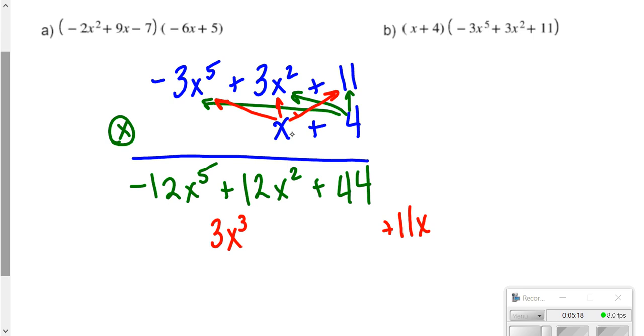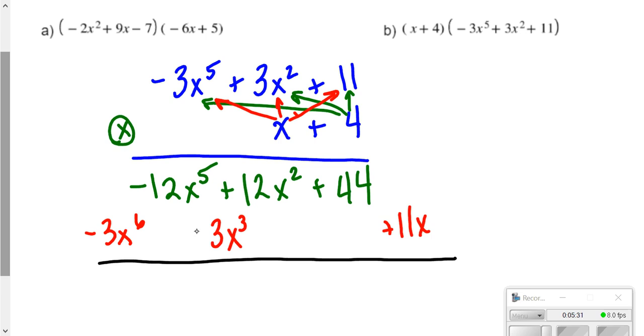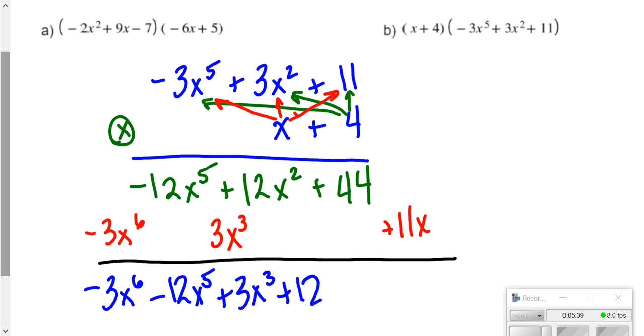This is sort of a strange thing I didn't think ahead about. And then the x times negative 3x to the fifth would be negative 3x to the sixth. So this didn't have any like terms. So I'm just going to add vertically, which is really quite easy since there aren't like terms to even combine. It's more just like smushing it all together in one line of writing.